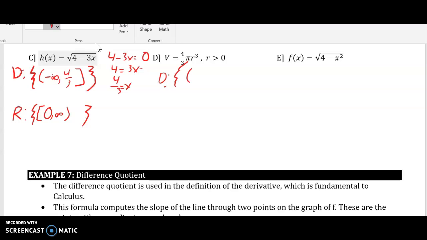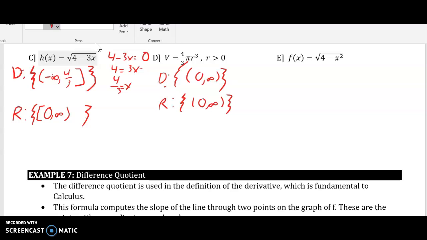Our domain is 0 to infinity. And then our range, the volume, is going to be the same. You can't have a volume that's 0, but you can have an infinite volume. You never put a bracket around infinity or negative infinity. So there's not much to think about there.